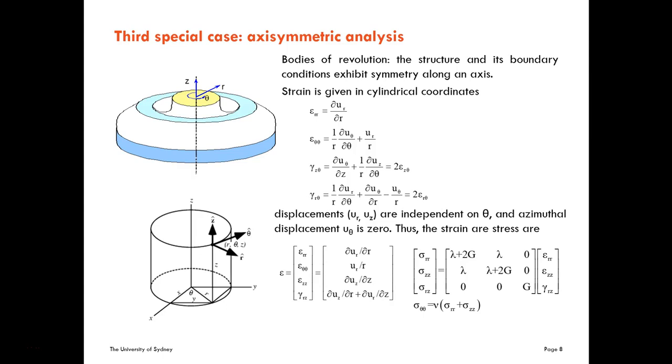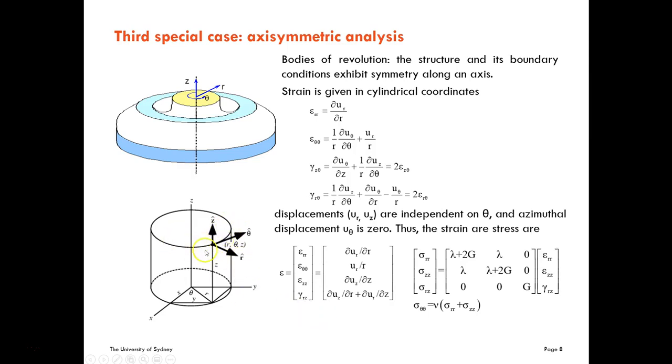And we are going to have a 3 by 3 matrix with the non-zero components of the strain and the non-zero components of the stress. And as in the plane strain analysis, we have an azimuthal stress that is different from 0. The stress along the theta direction is going to be different from 0.